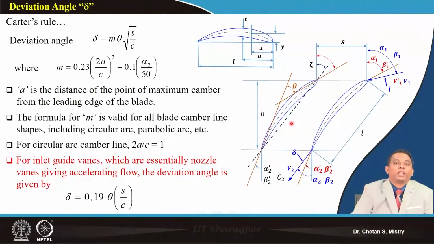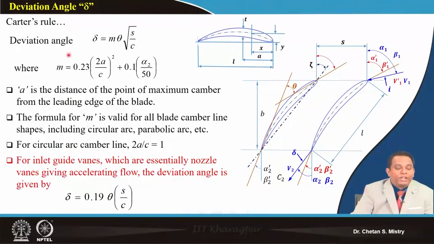In the NASA SP-36 document, which we have cited as a reference, the details are available for different types of aerofoil, what experimentation they have done and how they have come up with the equation.